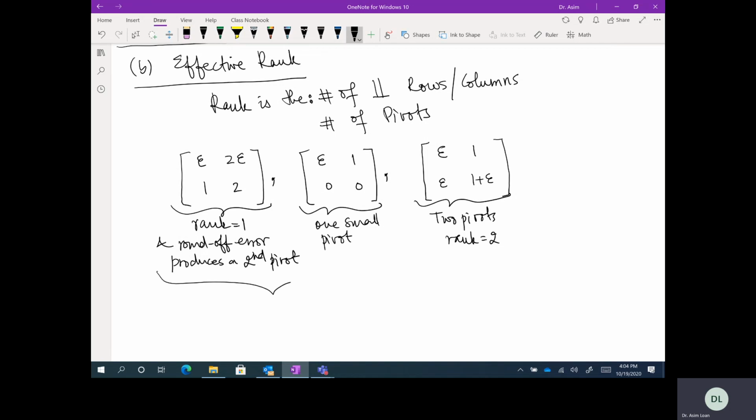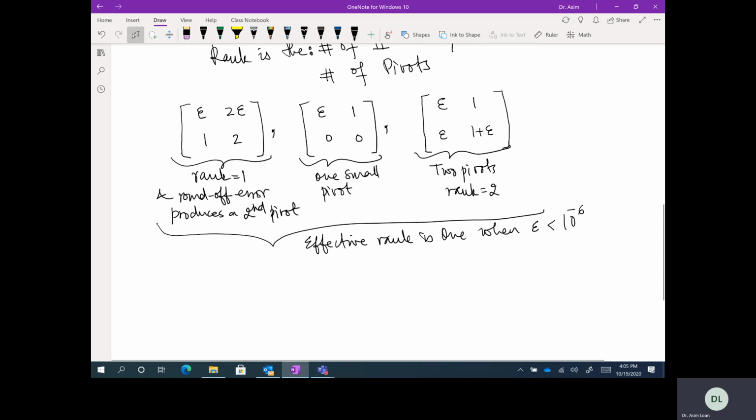However, the effective rank of all these matrices is 1 when epsilon is less than 10 to the minus 6.